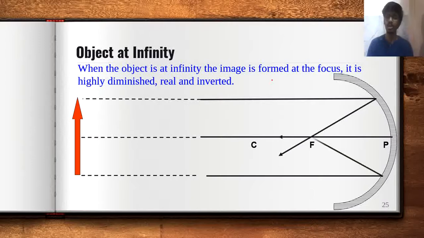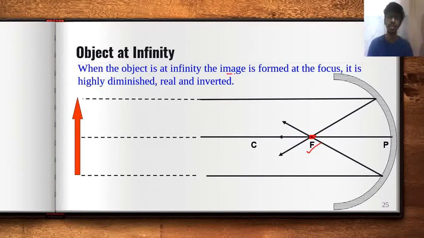So all the reflected rays will pass through the focus. That means the intersection point is the focus. And what is the distance between the principal axis and that point? It is almost 0. That's why the intersection point is the focus.